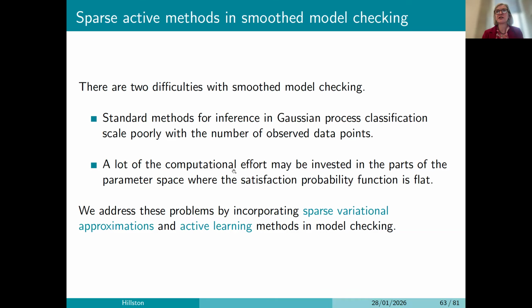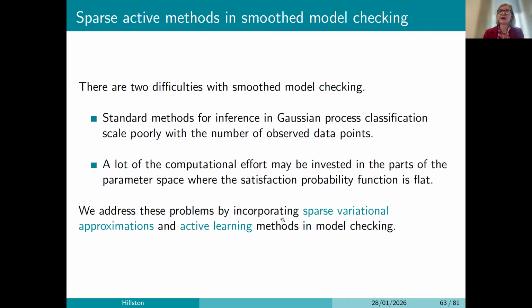And there is a lot of computational effort potentially in areas of the parameter space where the satisfaction probability function is not changing very much. We saw in that naive sample that there were large areas that were black, so the formula was just never going to be satisfied there, and there wasn't a lot more information from sampling within that region.